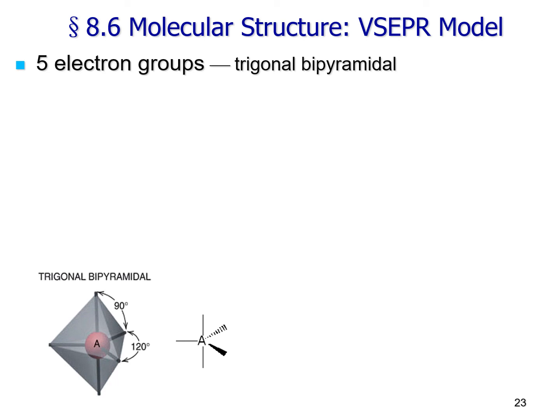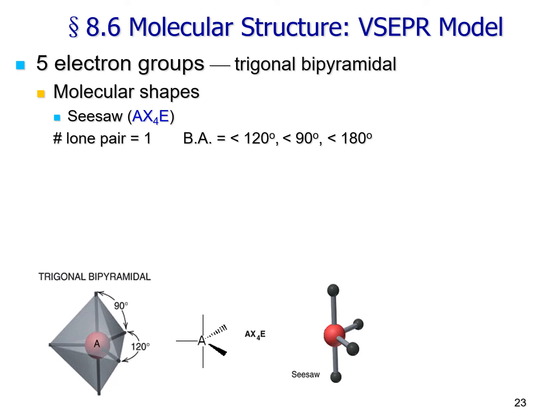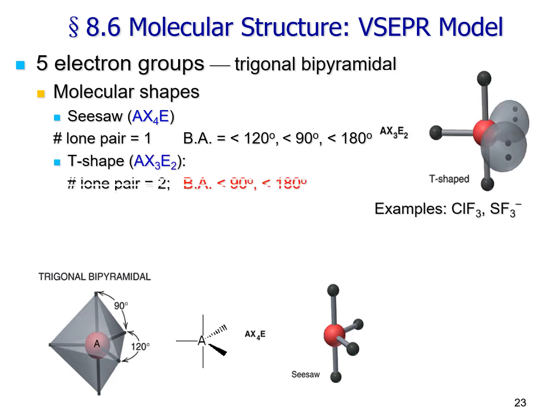All right, let's see what happens if we have two lone pairs of electrons, because for one lone pair of electrons, we understand that's going to be a seesaw. What happens if we have two lone pairs? Again, the second lone pair of electrons still occupies the equatorial position. Same argument, because this way only two 90 degrees are introduced.